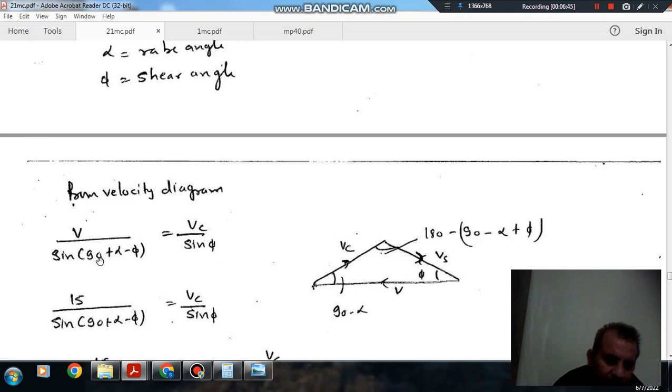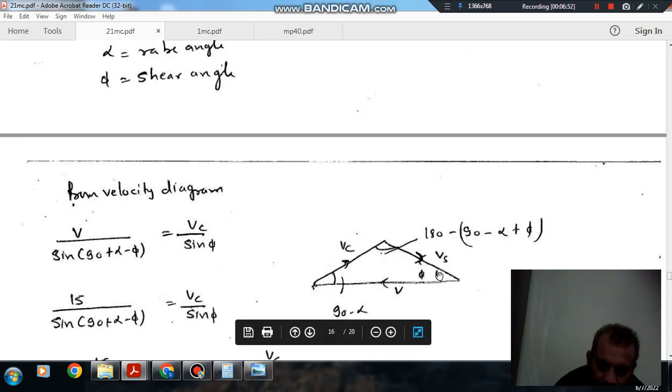So V divided by sine of (90 plus alpha minus phi) equals VC divided by sine phi.